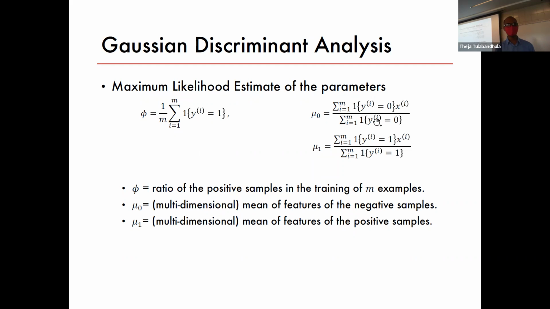So it turns out the mean vector is a very intuitive idea. The mean vector for the 0th class is: take all the data points corresponding to the 0th class and take their average. That's what this very messy looking expression is just saying. Maybe there are 10 examples in class 0, then take the average of the 10 vectors. That's why it's 1 by 10 times the sum over all the 10 vectors.